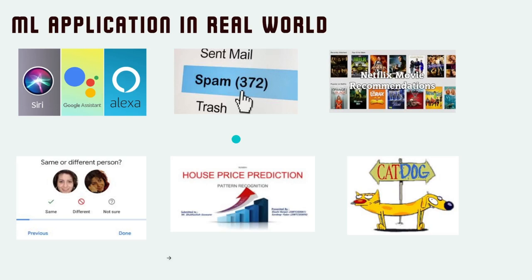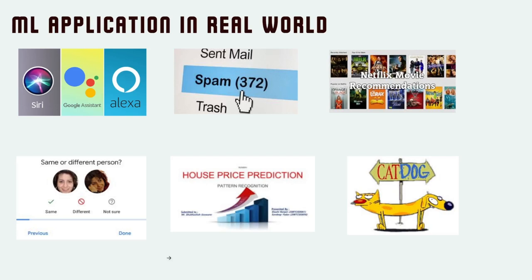This is also an example of a machine learning application. You can also see machine learning distinguish between animals or two categorical values, such as cat or dog. Machine learning can differentiate between cat and dog.